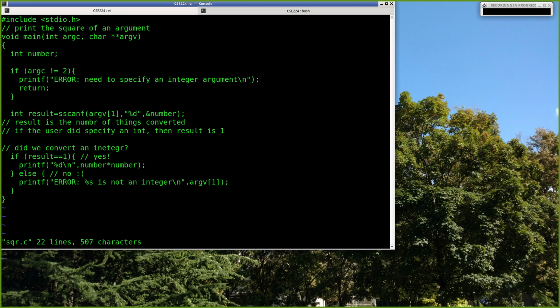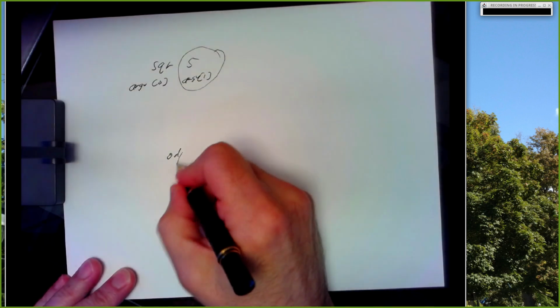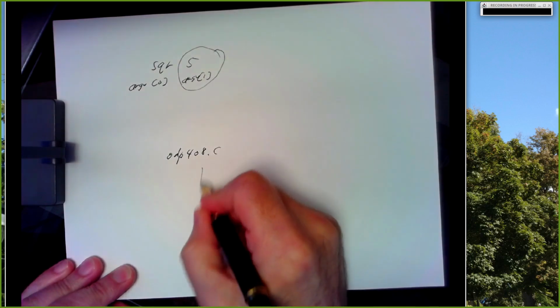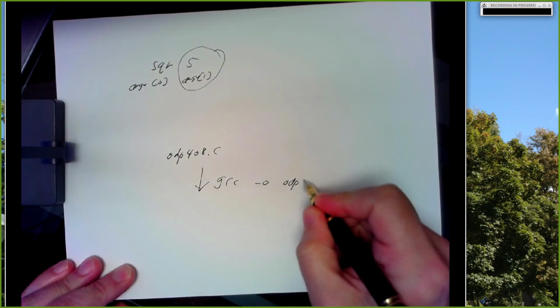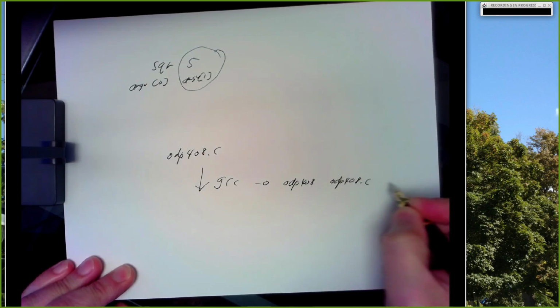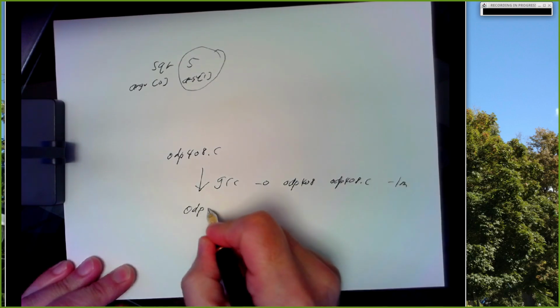I've got a quick question. It's been a little while since I've written C. Do we have to start it with .c, right, when you vi? Yeah, your file name should be ODP 408.c, and then when you compile it, gcc -o ODP 408 ODP 408.c -lm, and that'll give you an ODP 408.